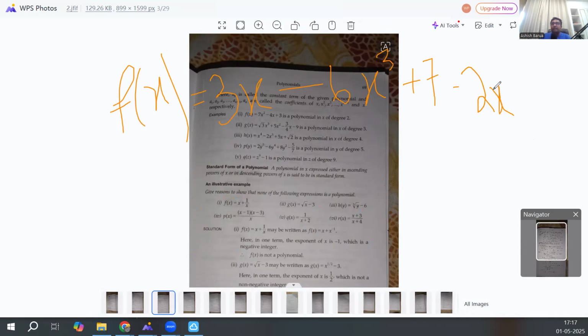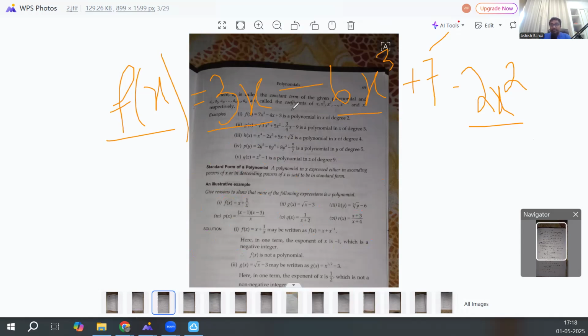First of all, is it an algebraic expression? Yes. The terms are 2x square, 6x cube, x, and 7, combined together with plus, minus, and multiplications. So this is a polynomial.